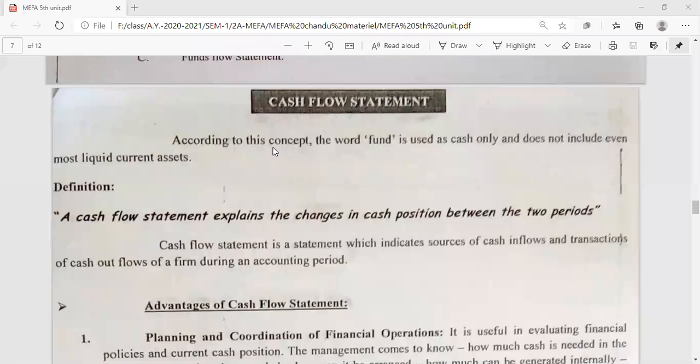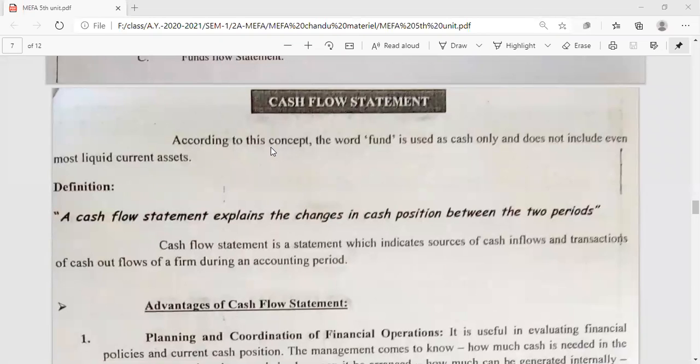What does this mean? In the fund flow analysis, we observed current assets, current liabilities, non-current assets and non-current liabilities. By selling some of the assets, we can get some money. That's the reason why we call it a fund.